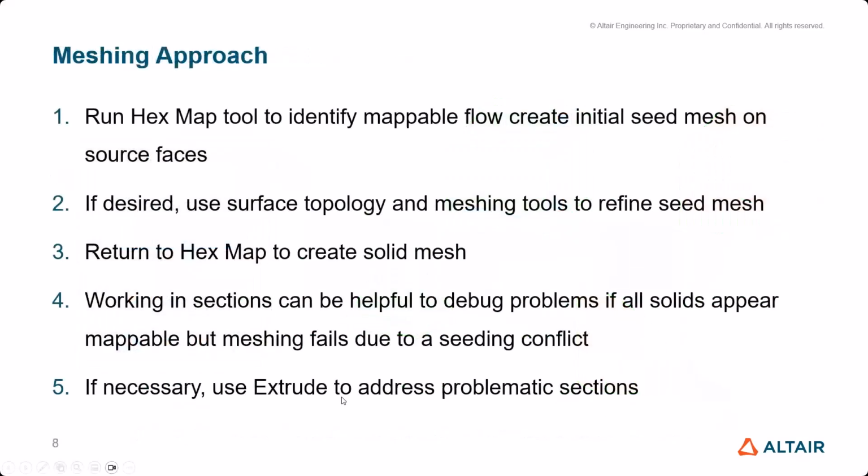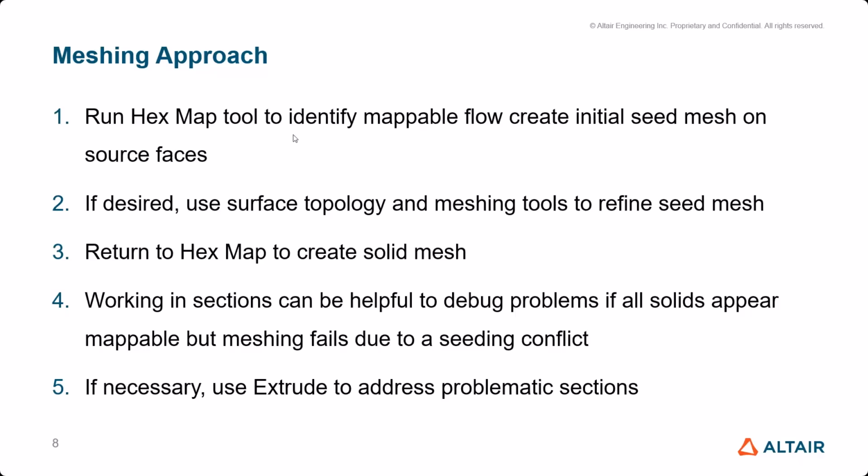All right. Then next up, we have our meshing approach. There's no pretty pictures for this one. I'll try to not get bogged down in the wordiness of this one. My general approach to meshing, once I've split up the solid and have nice mappable solids everywhere, is to run the hex map tool initially on everything and see what it identifies automatically as the flow through the part.